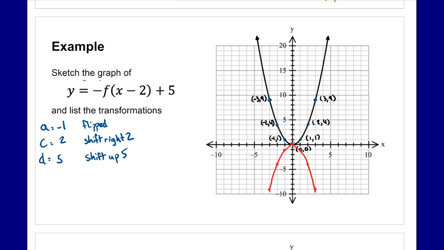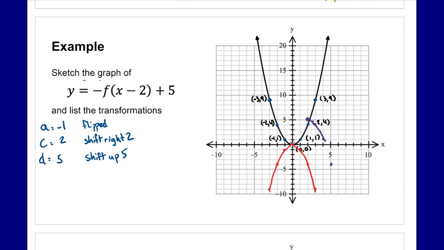So start with the vertex, go over 2, up 5. 1, 1, over 2, up 5. Next one, over 2, up 5. Over 2, up 5. And here we see half of our graph.